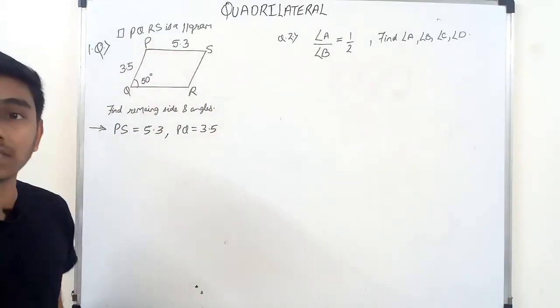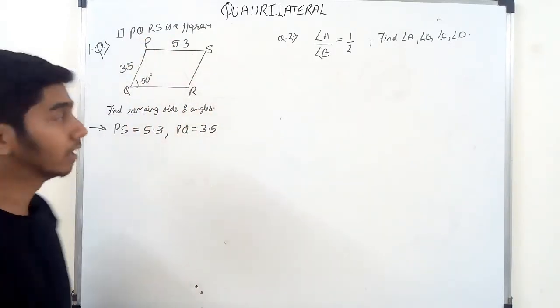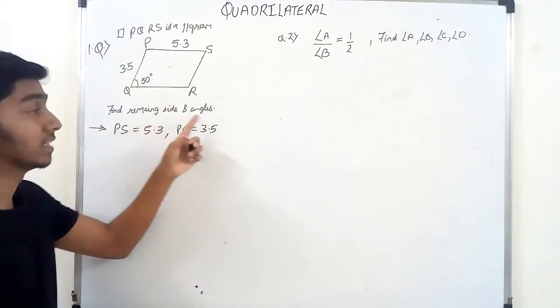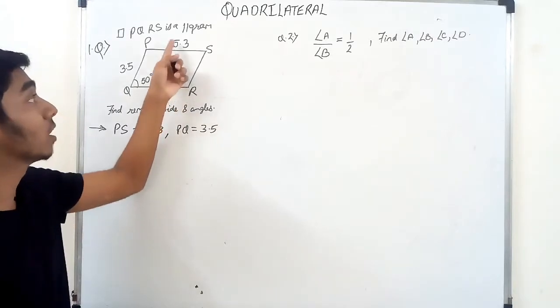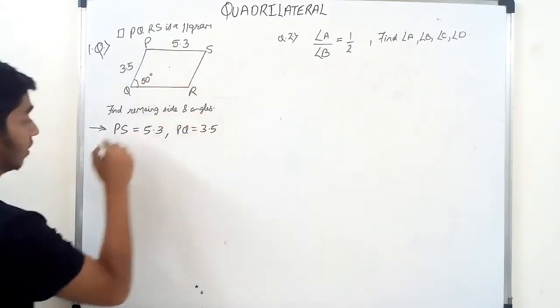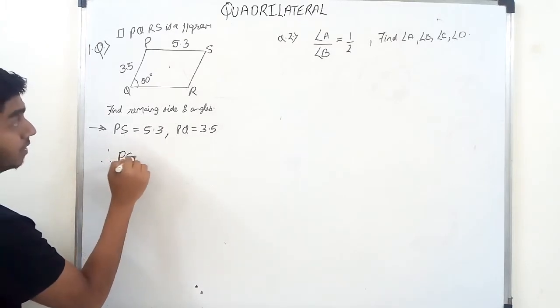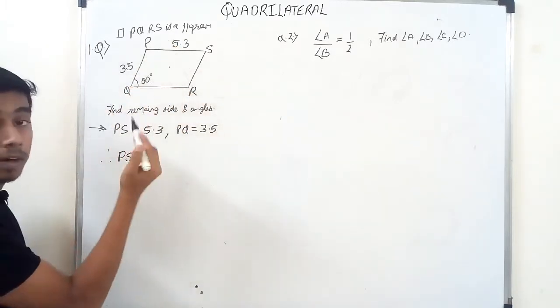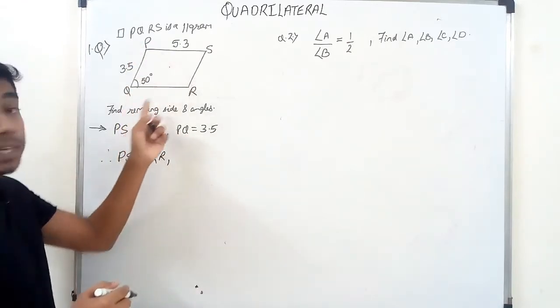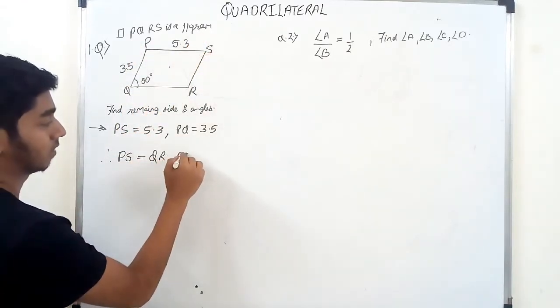It's given in the question itself. I forgot to write it. So if this is a parallelogram, then we have to find the remaining sides and angles. We can say that opposite sides are congruent. Therefore, we can say PS is congruent to QR. Easy. Then we can say PQ is congruent to SR.